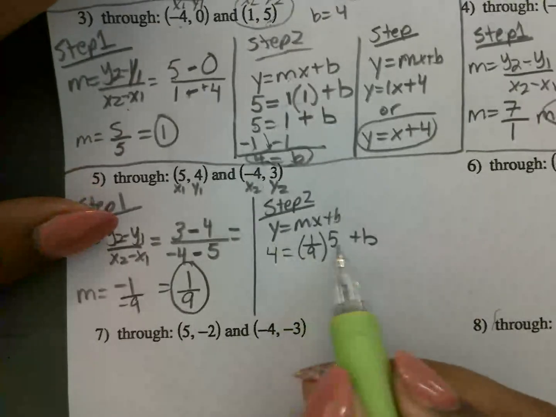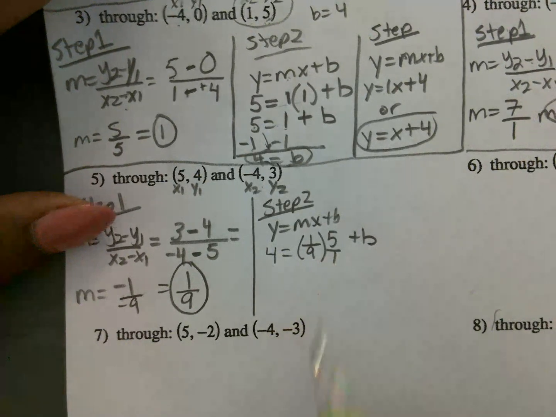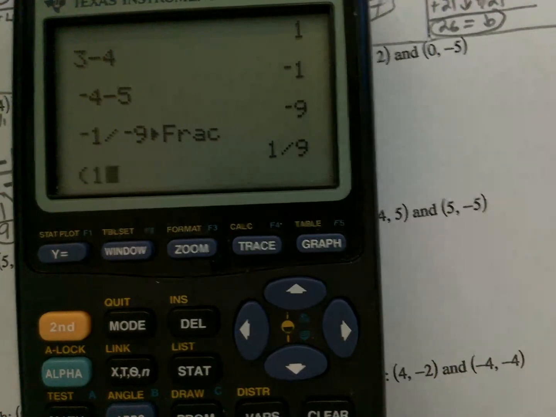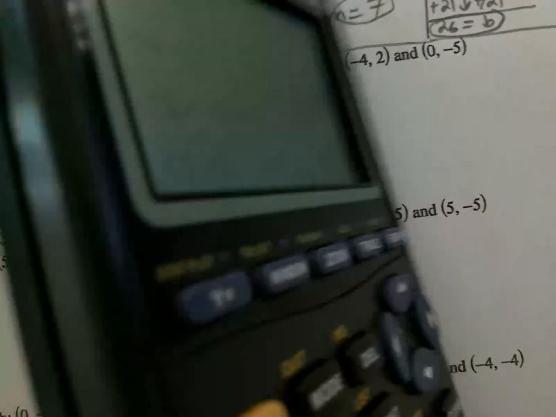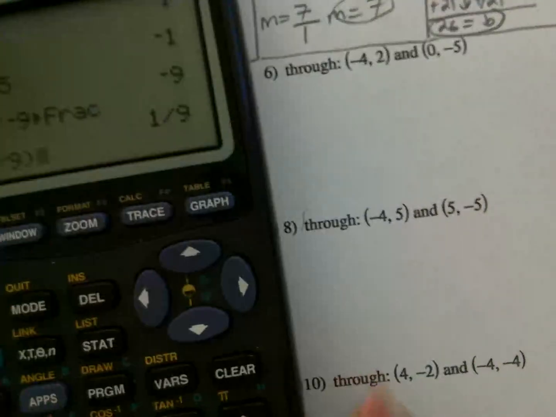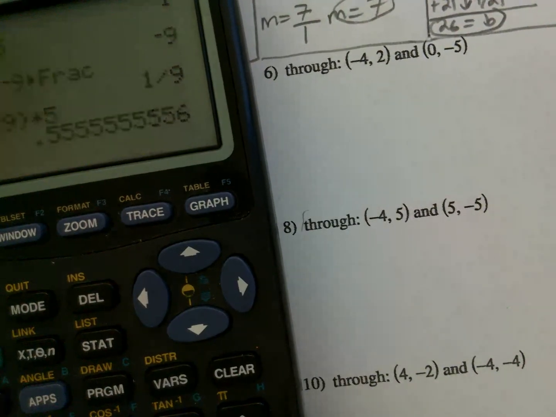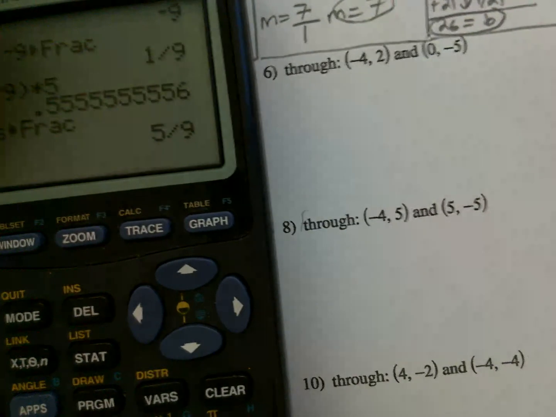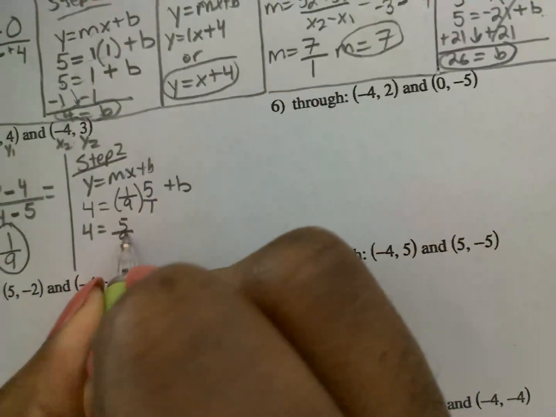So let's multiply this. I can put a 1 under it. This gives me 4. I can type this in. I can type in the fraction 1 over 9 and I have what? Times 5. Okay. And I'm math, enter. I can do math, enter. And that gives me 5 over 9.